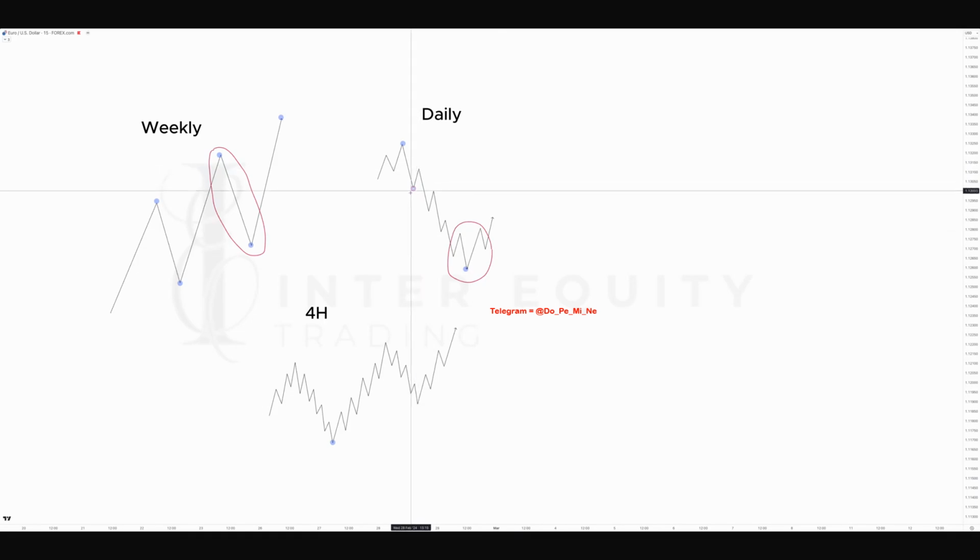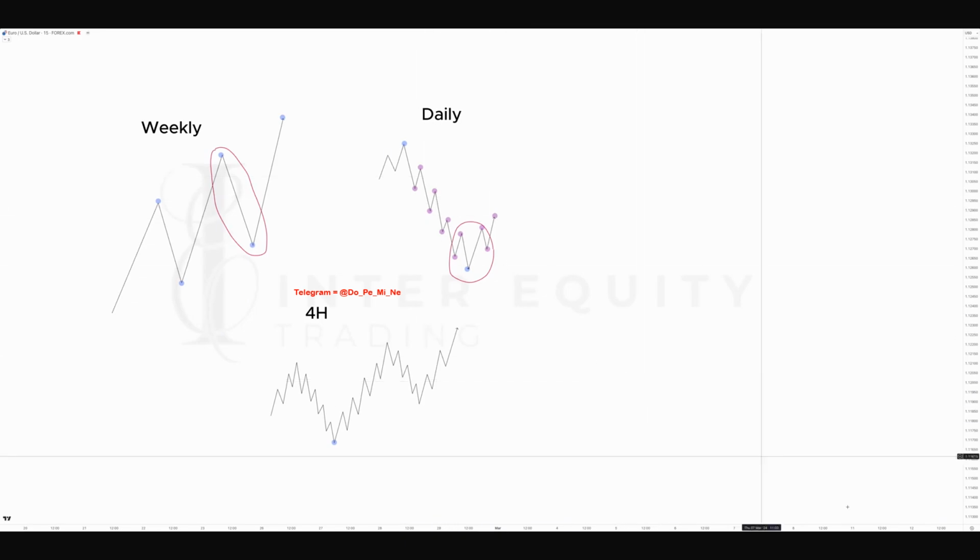All right, so price creates that lower low, lower high, lower low, lower high, lower low, lower high, lower low, lower high to create that weekly higher low, and then break structure, creating the higher high, then the higher low, and then the higher high. Right, so if I mark this right here, the daily structure on the 4-hour, it will basically look like this.